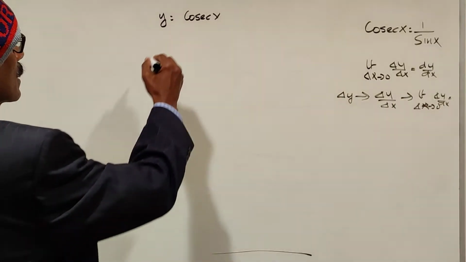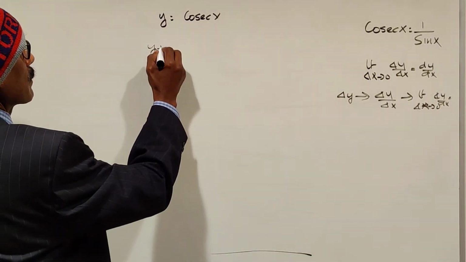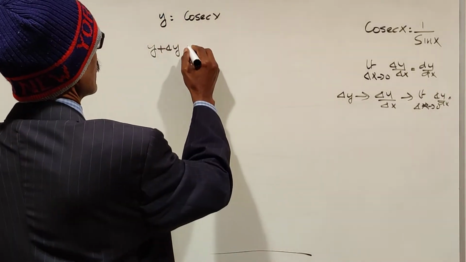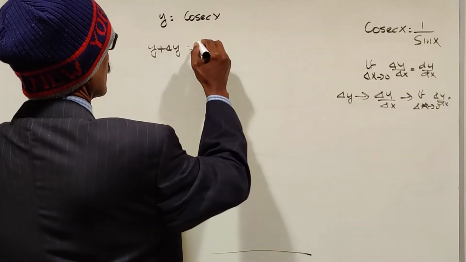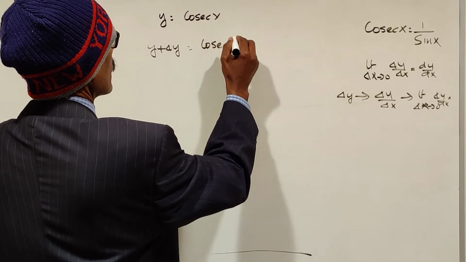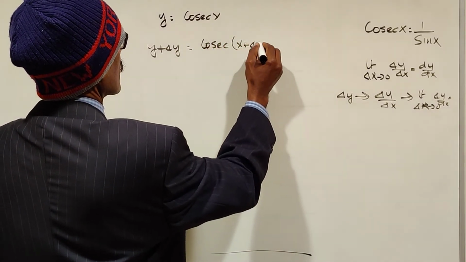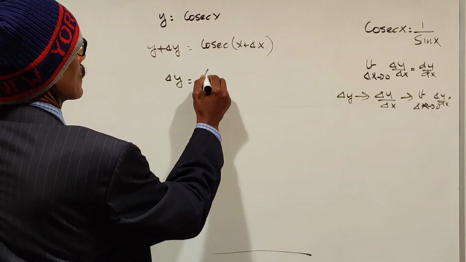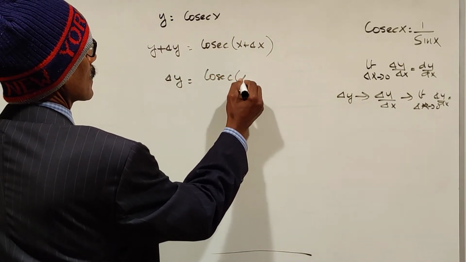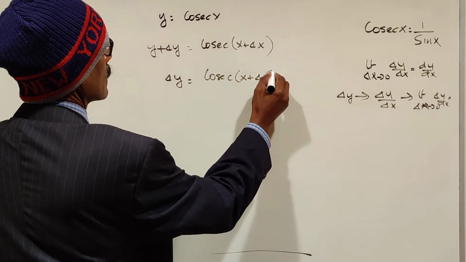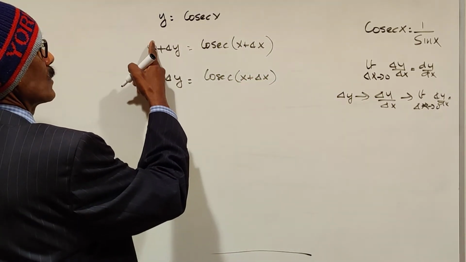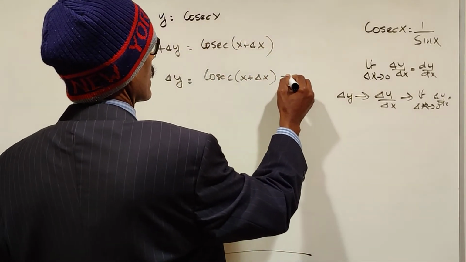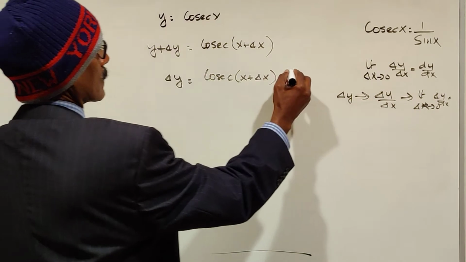Okay, first y plus delta y. Give a small increment delta y on y. Then the corresponding increment on x is x plus delta x. Then delta y equals cosec of x plus delta x, and y moves to the right hand side as minus y. y is cosec x.